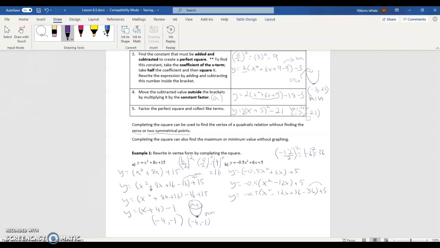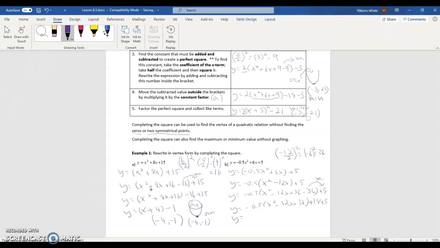We're going to take out the subtracted term and multiply it by the a value, which is negative 0.5. So we're going to get y is equal to negative 0.5 x squared minus 12x plus 36. The negative 0.5 times negative 36 is 18, so positive 18 plus 5.